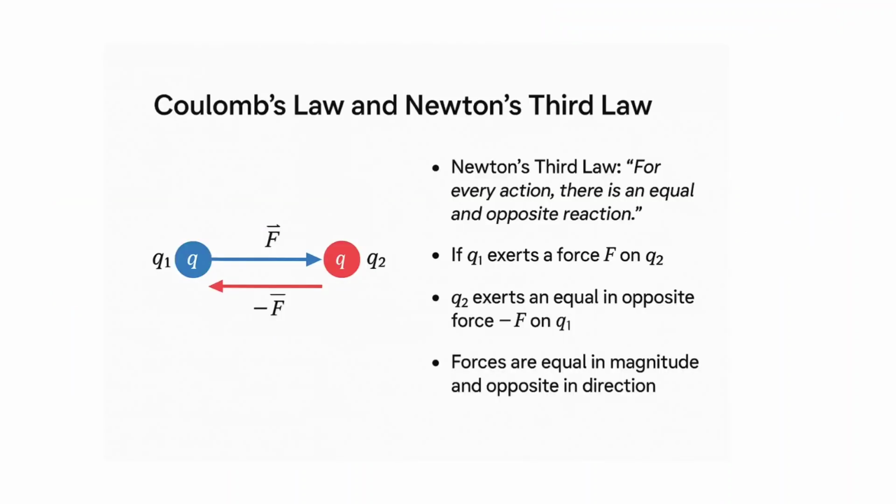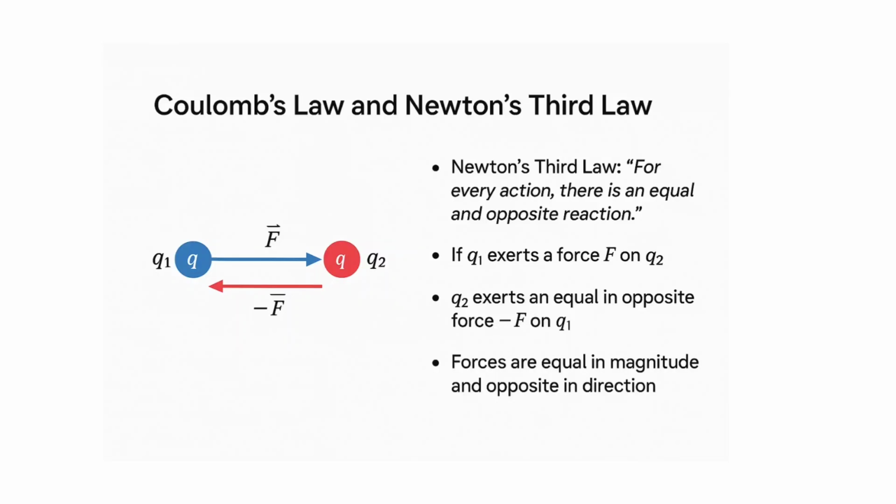Now, let's see how Coulomb's law follows Newton's third law of motion. Remember, Newton's third law says for every action there is an equal and opposite reaction. This means that if one object exerts a force on another, the second object pushes back with the same force in the opposite direction. Now consider two charges Q1 and Q2.